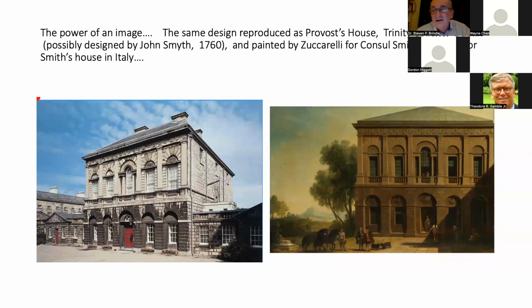And so the idea is produced initially, I think, by Bramante, then redesigned by Palladio, then the design goes to England, where Lord Burlington executes it for the first time, and then it's reimagined in Dublin, and it's painted by an Italian artist for a British client for his house in Italy. So it rather nicely shows the way in which idealized classical designs were becoming a language that was understood across much of Europe.